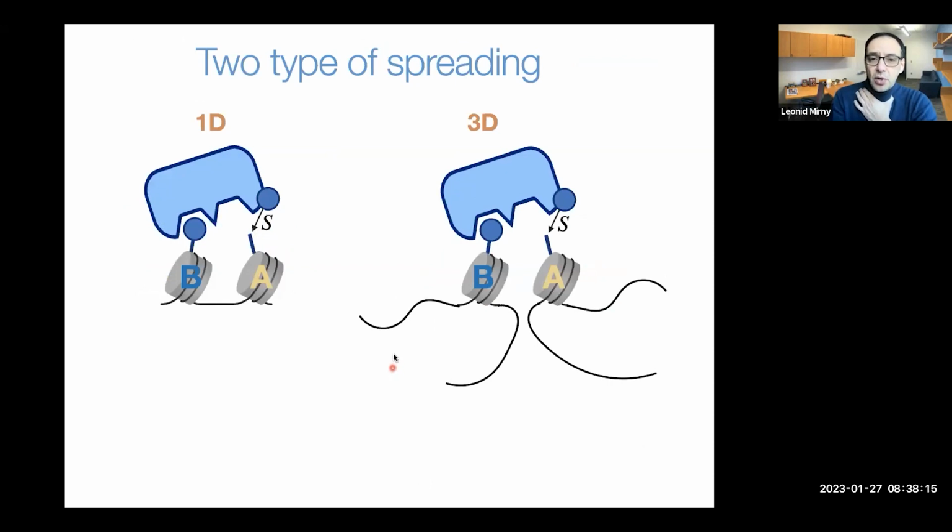One important note is how the spreading operates. The spreading can operate in 1D, in which case the mark is just imposed on the direct neighbor along the chain, or the spreading can operate in 3D, in which case the mark is established on a histone that is spatially proximal to the one that's been marked and bound by the enzyme. So we'll consider these two cases.